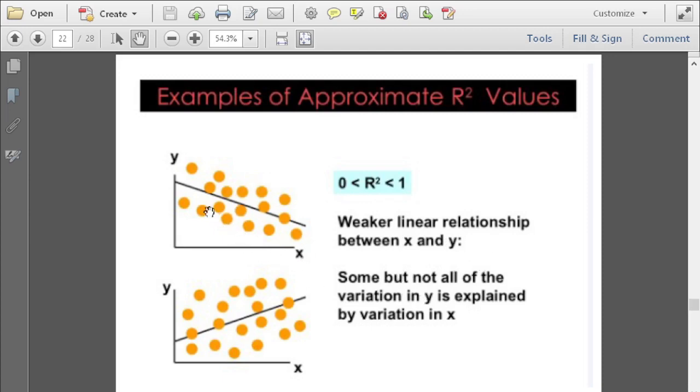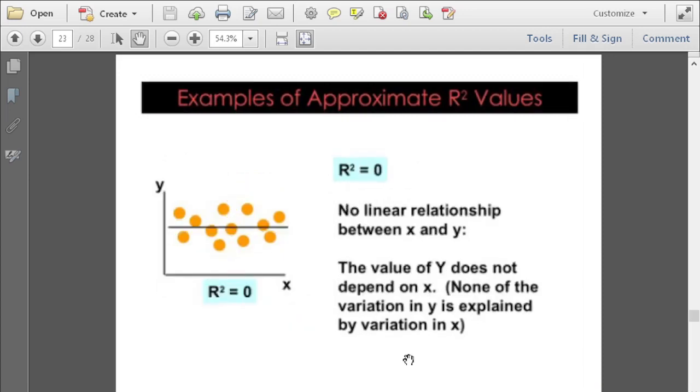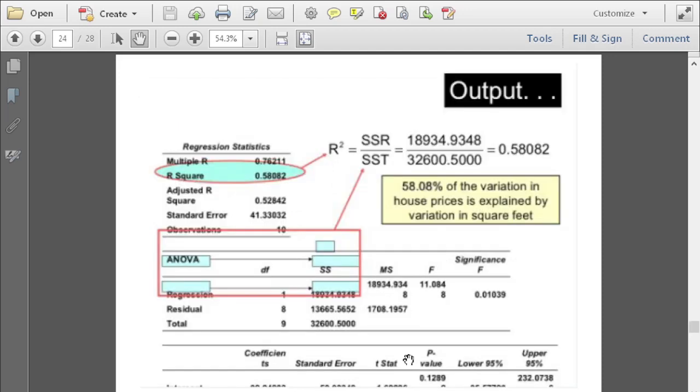So notice that the dots are no longer all on the line or touching the line, but there is a trend, going upward or downward. Some but not all of the variation in y is explained by the variation in x. As you can remember, that is the explanation of correlation, guys. So if R squared is 0, there is no linear relationship between x and y, and the value of y does not depend on x. So there is no relationship when the line is straight and horizontal, okay?